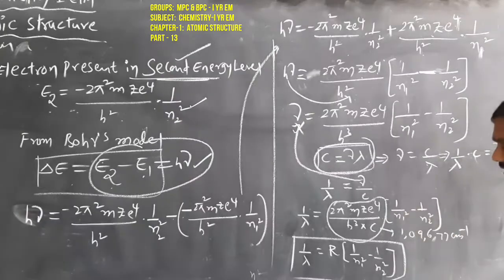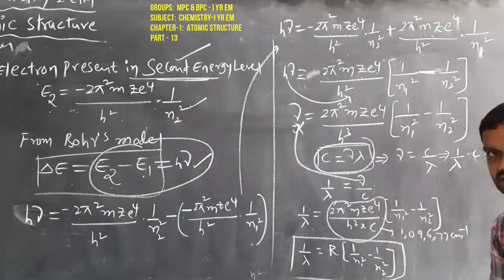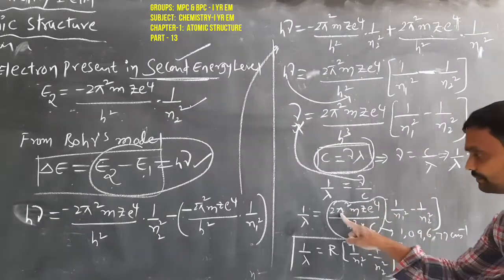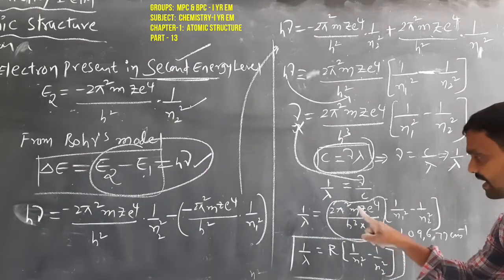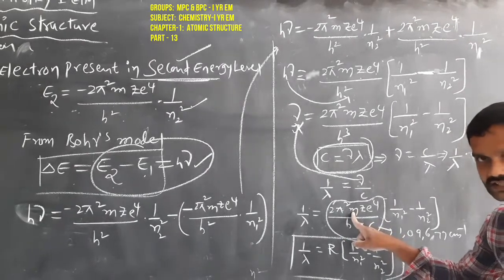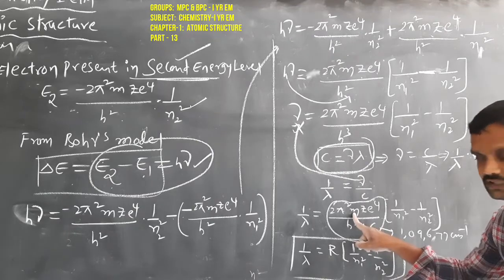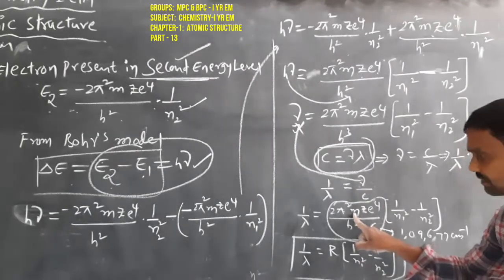In this equation, pi is a constant, that is 22 by 7, nothing but 3.14. m is the mass of the electron, also a constant, 9.1 into 10 power minus 31 kilograms.